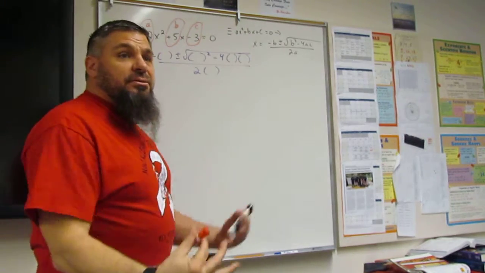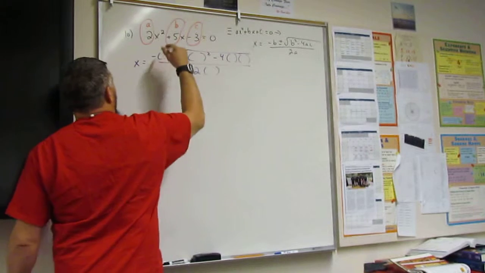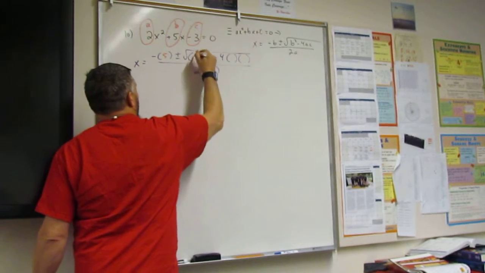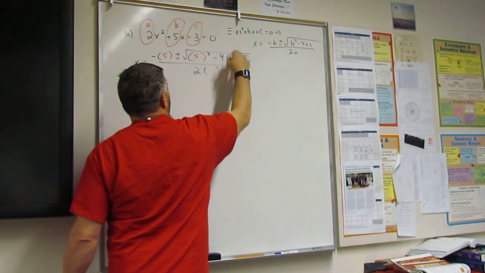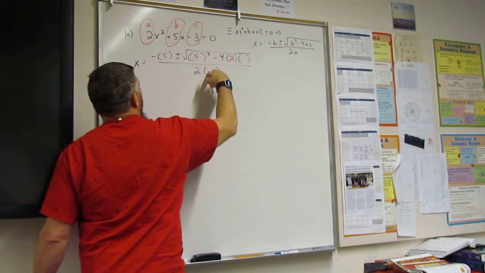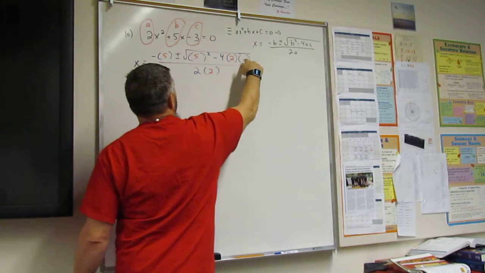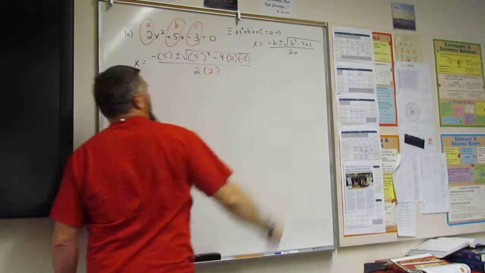And then I plug those things in. B is 5. 4a, right? So a is 2. And c is negative 3.